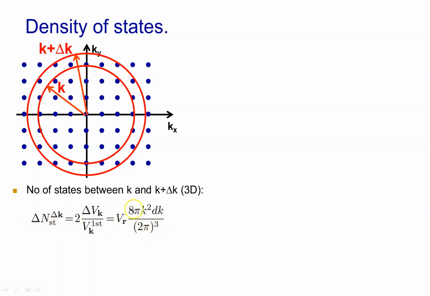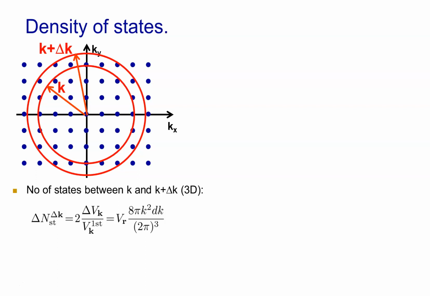So that's the number, right? If you want to calculate it, let's subtract the volume of this one minus the volume of this one, and you neglect the terms in delta k squared, that's what you'll get. So that's the number of states between k and k plus delta k in 3 dimensions. In 2 dimensions, it's going to be different.